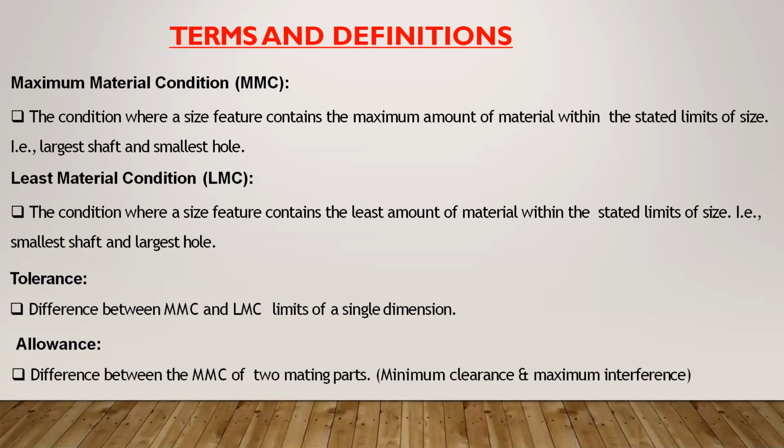So this refers to the basic difference of the maximum material condition of two mating parts, that is the hole and shaft. So we can take it as minimum clearance and maximum interference.